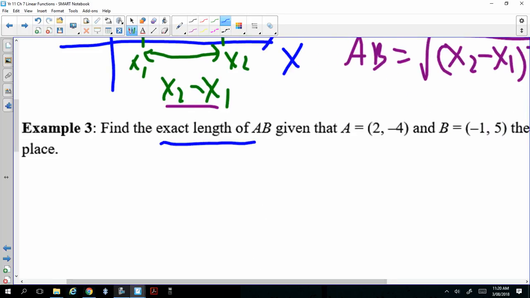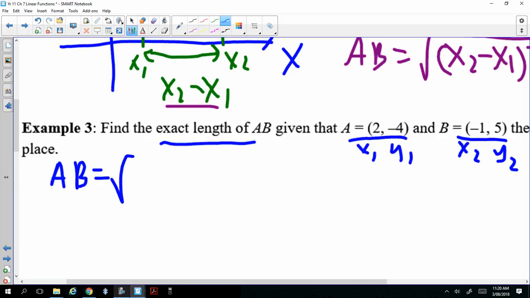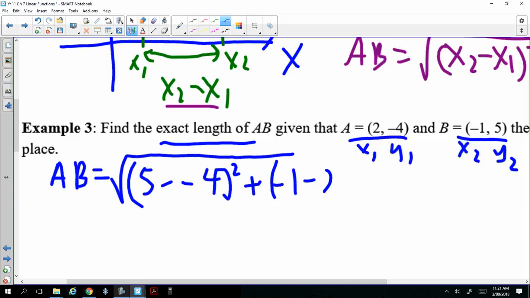So using the formula, that's your x1, y1, x2, y2. You go AB equals the square root of (5 minus -4) squared plus (-1 minus 2) squared. This is your x2, x1, y2, y1.